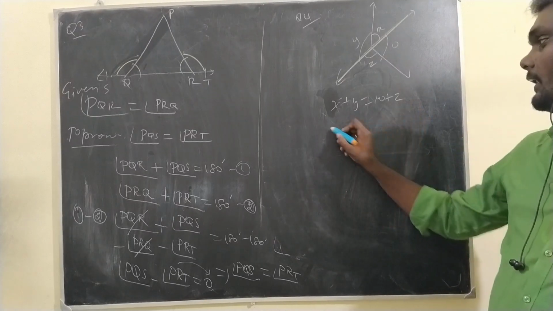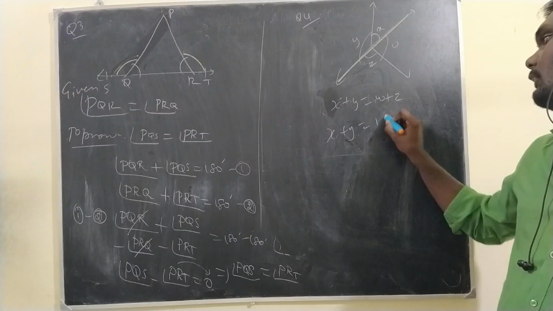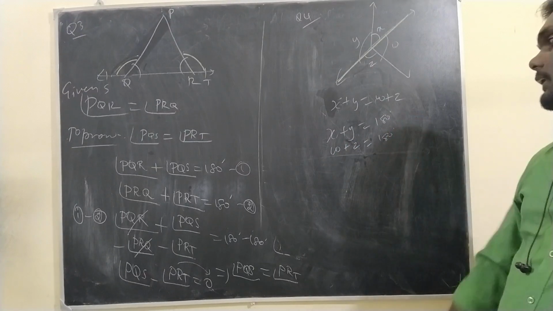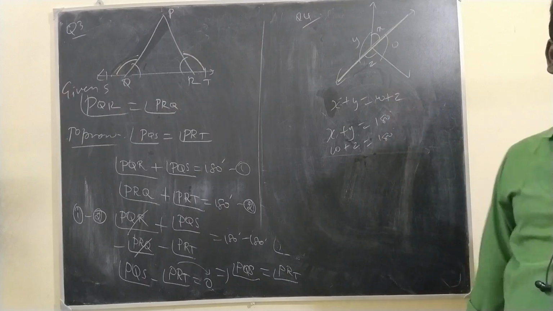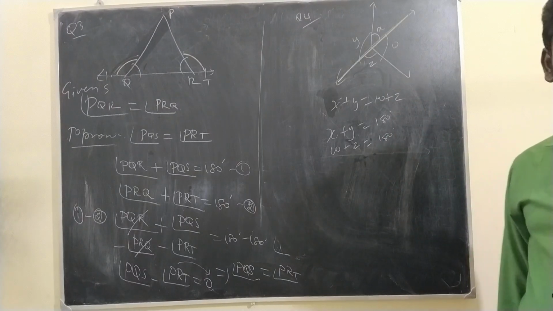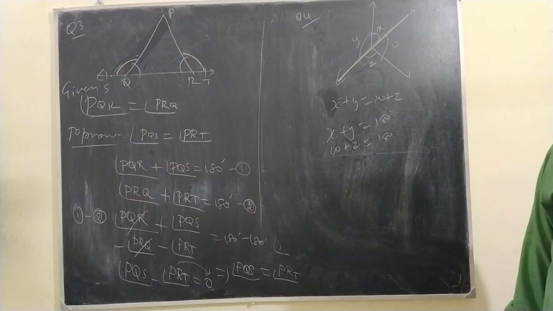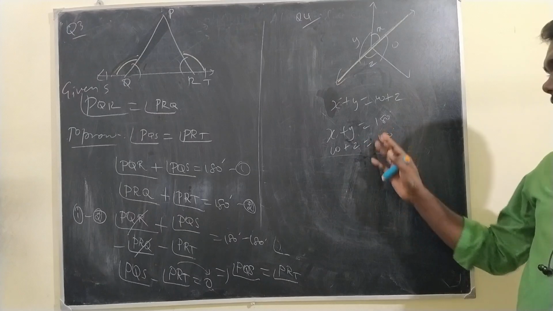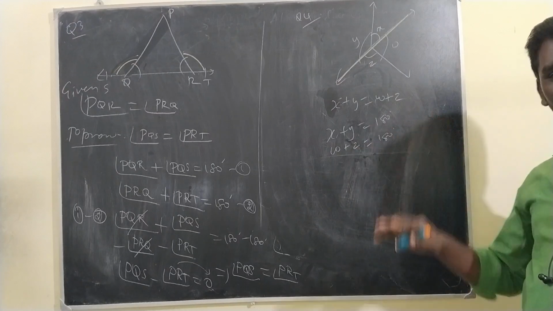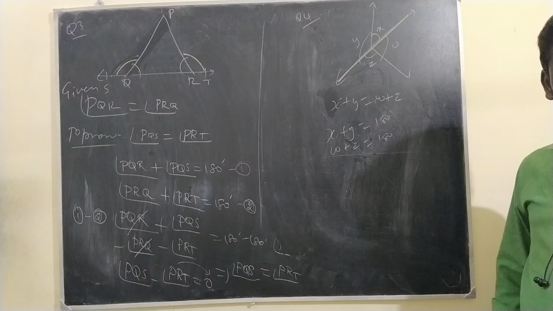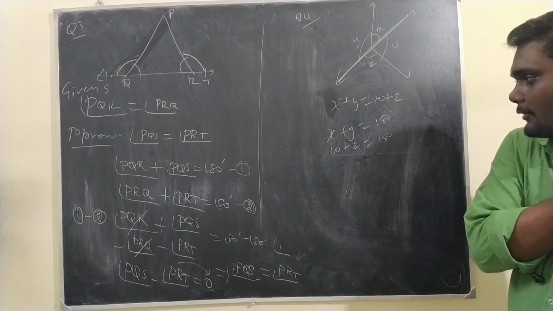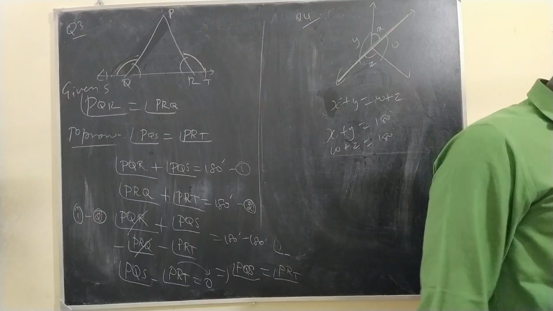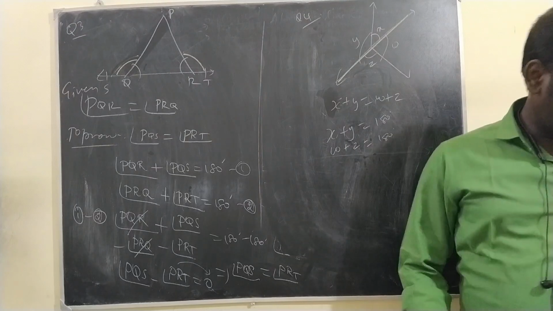Okay, x plus y is 180 degrees because they are a linear pair, and W plus Z is 180 degrees. They are also a linear pair. So equate these two. Add or subtract? You can even subtract or else simply equate. That's all. 180 equals 180. That's all you need to prove, right? Okay, instead of 180, you can substitute one equation. Got it? And then, the fifth question, a much more important question.